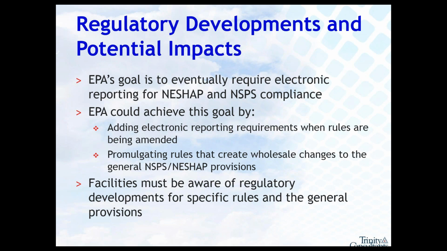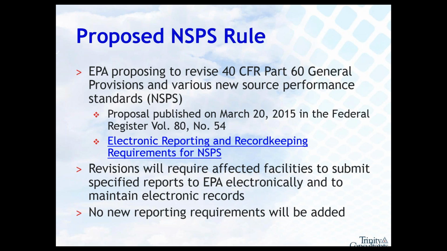And those wholesale changes are very important to pay attention to, and we'll talk about the one that's on the horizon right now. The key for your facility is to be aware of regulatory developments and changes to different general provisions. This is kind of the direction we're going, though, where NSPS reports have to be submitted.